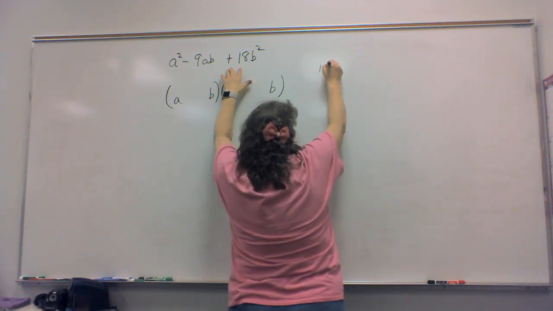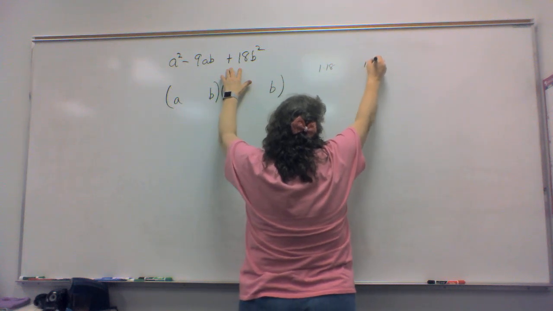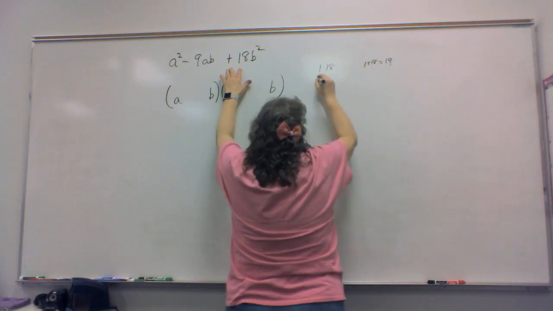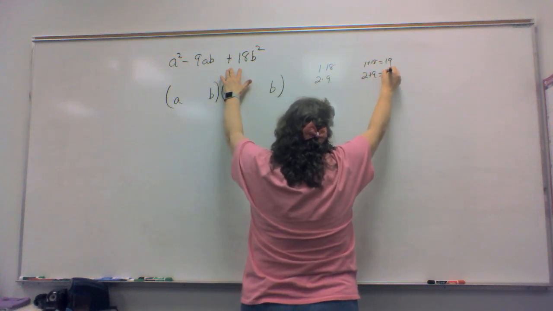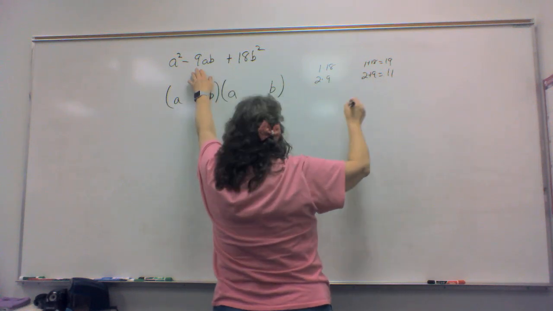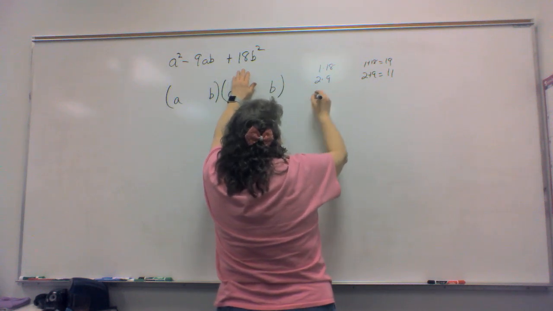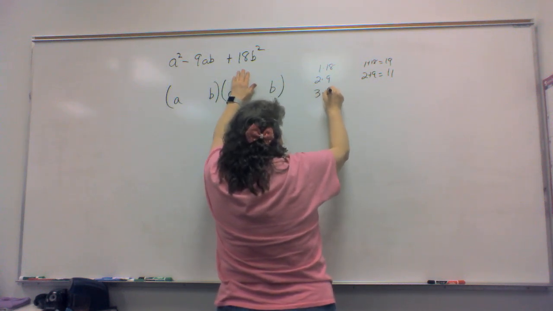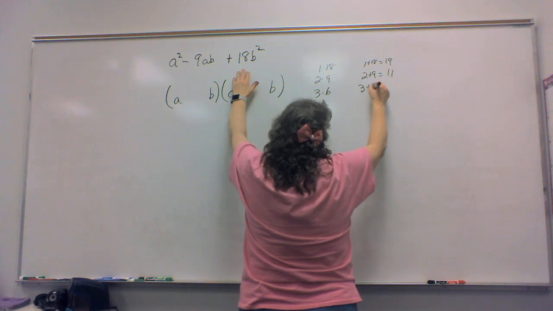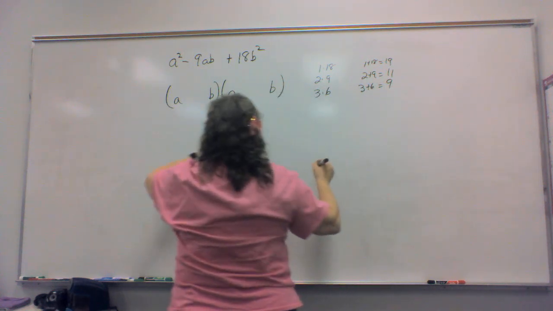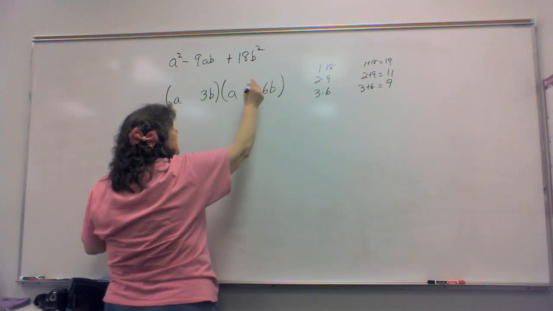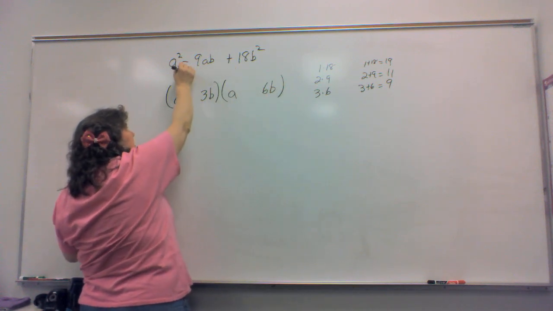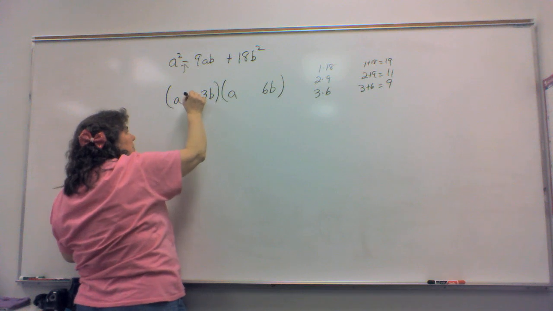So you have 1 times 18. 1 plus 18 is equal to 19. 2 times 9, 2 plus 9 is equal to 11, not the number I'm looking for, and a 3 times 6. So 3 plus 6 is equal to 9. So we know that this is going to be a 3 and a 6. Since that's plus, the sign is the same sign is going to be minus.